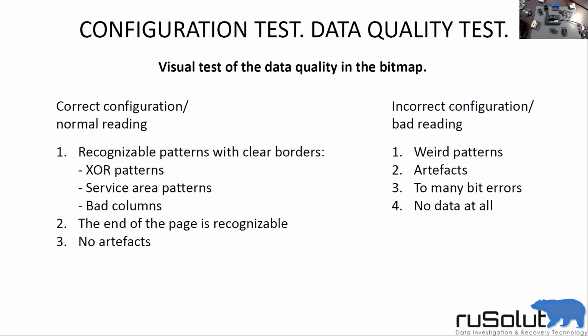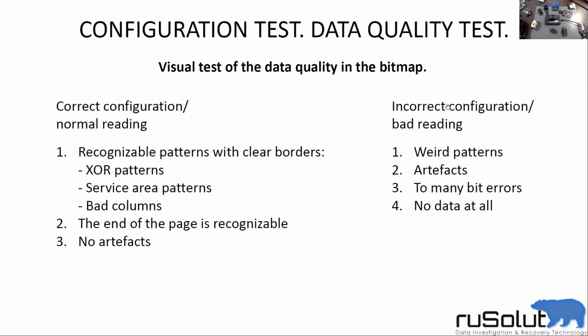There shouldn't be any weird patterns, any artifacts in the dump. As I said, it's kind of hard to explain what is an artifact and what is not. It all comes with experience, and after some amount of cases, you will understand how normal data should look and how bad data looks.